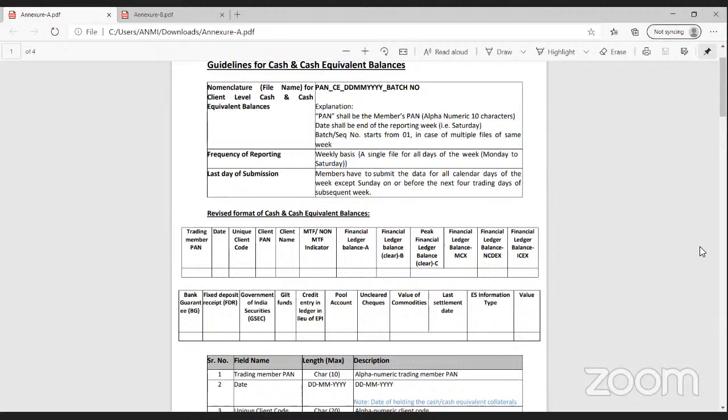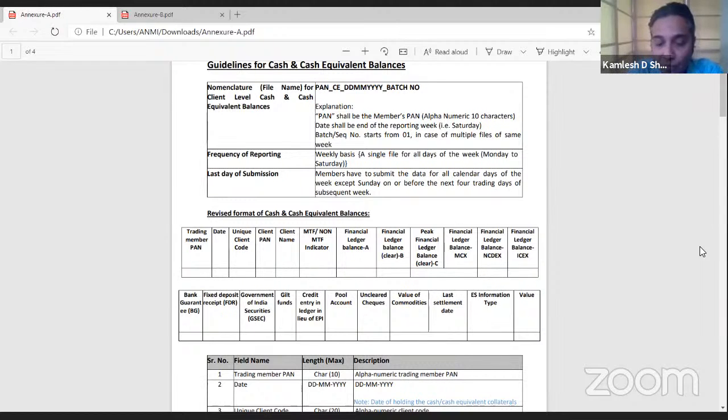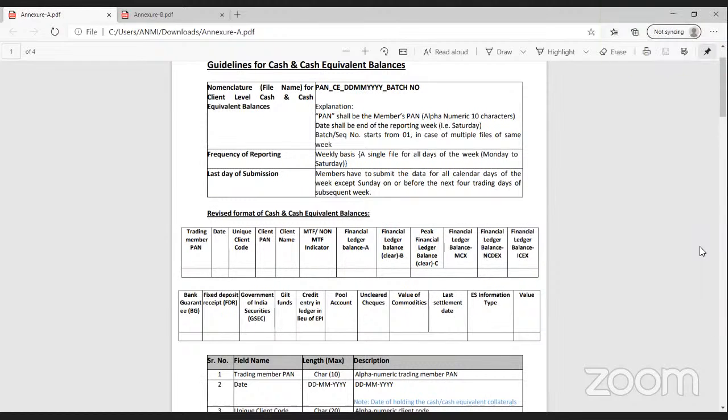There we are taking a couple of items which we will require from the member, like funded portion of the BG, unutilized collateral lying with the clearing member, total margin utilized by the credit balance clients, total debit balance clients, and total credit balance clients. So these are the informations that we will be taking from the member.